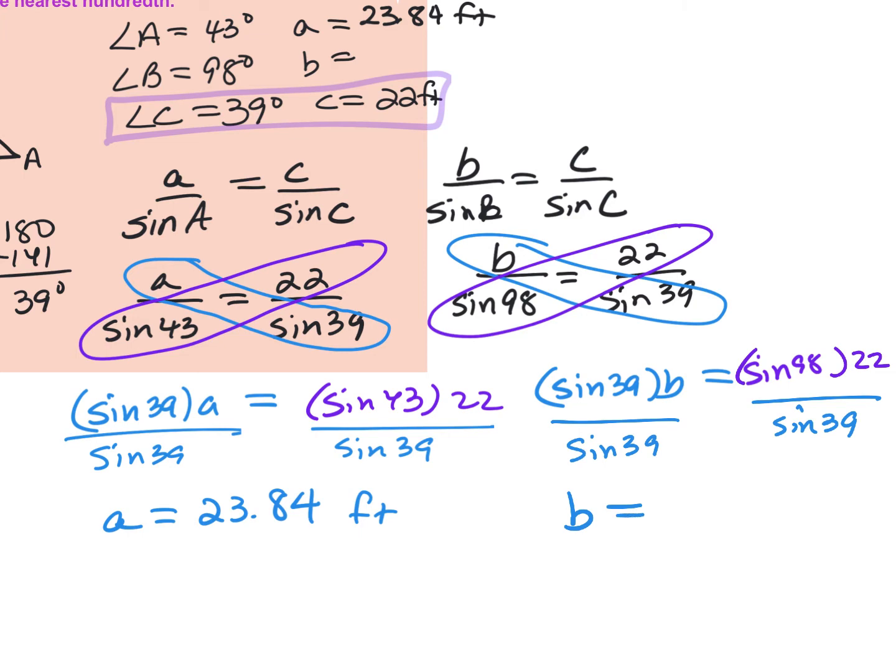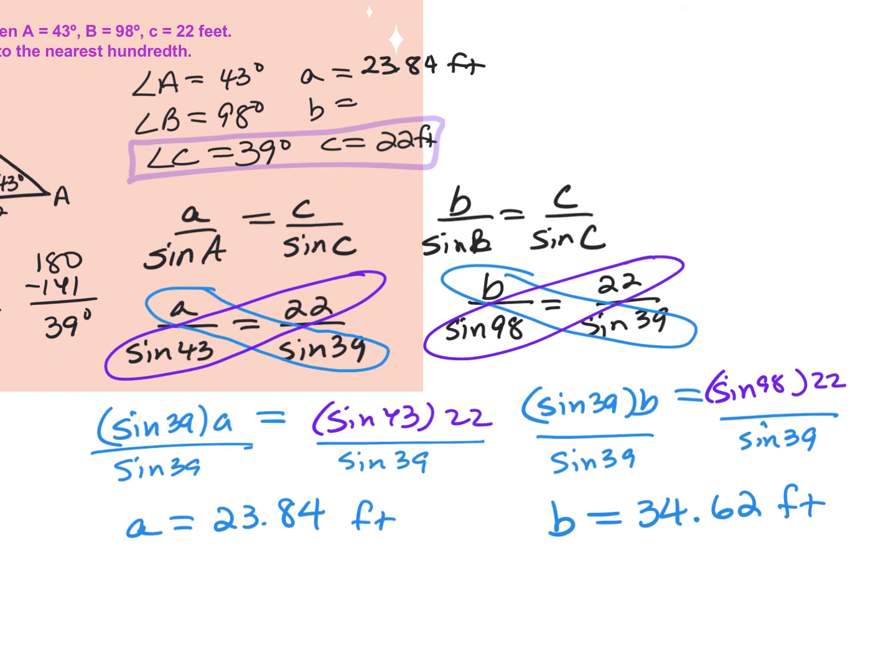After I multiply and divide, little b is 34.618, rounded to 34.62 feet. So now I have all 6 pieces of information.